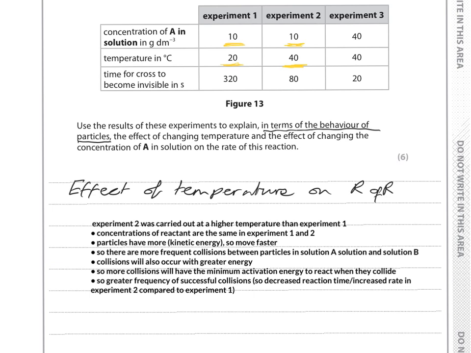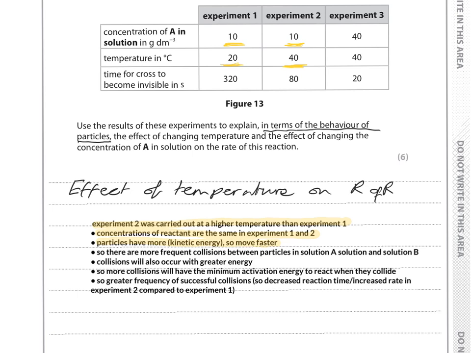So if we're studying the effect of temperature on rate of reaction, we need to say that experiment 2 was carried out at twice the temperature, but the concentration was kept the same.